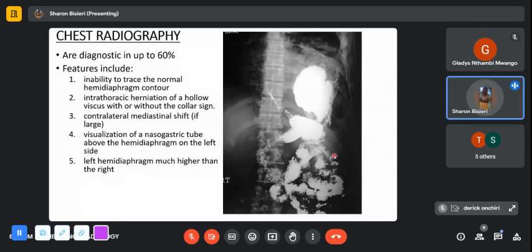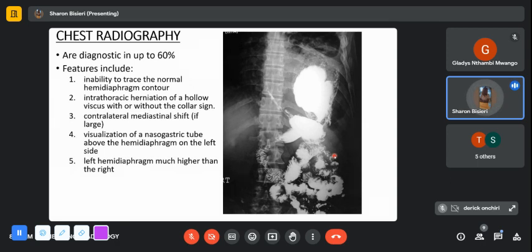So chest radiographs are diagnostic in around 60 to 70%. Some of the features that we'll be able to see are the inability to trace the normal outline of the hemidiaphragm contour. You can also see intrathoracic herniation of hollow viscera, especially on the left side, with or without a collar sign. We'll see what the collar sign is.